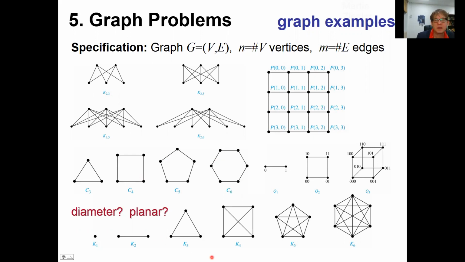How about the complete graph? So these are also regular graphs. Every vertex has the same degree. Here the degree is 2, here the degree is 3, here the degree is 4, here the degree is 5. And generally, the complete graph on n vertices has degree n-1.